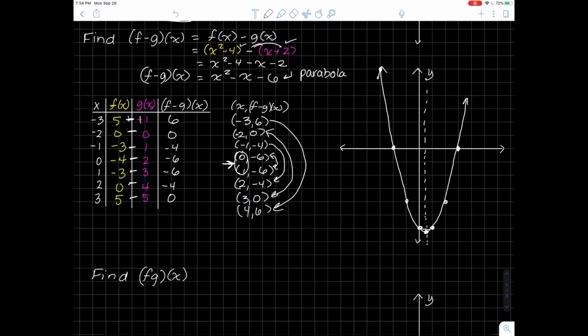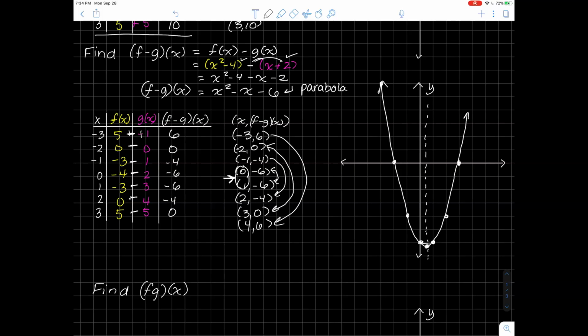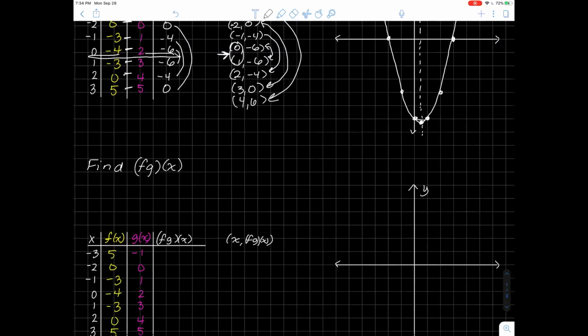That's not too bad. I think the only tricky part is finding the vertex. But if you use your axis of symmetry and think about how these points are symmetric, then you would pick the point in between the 2 that are side by side, the -6 and the -6. So it would be between x equals 0 and x equals 1.